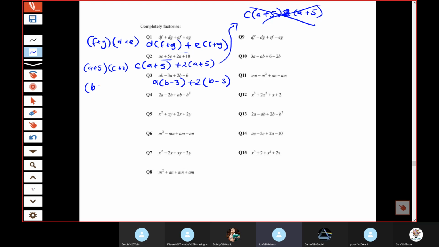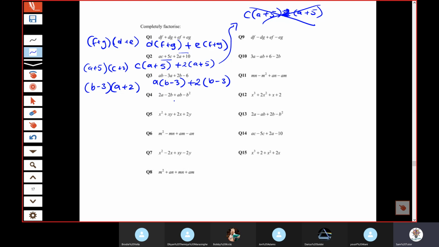B minus 3, B minus 3, plus, not multiplied. B minus 3. Nope, A plus 2. Whatever's left. Okay. So from the ones that are the same, we write them once. Whatever's left is A plus 2.